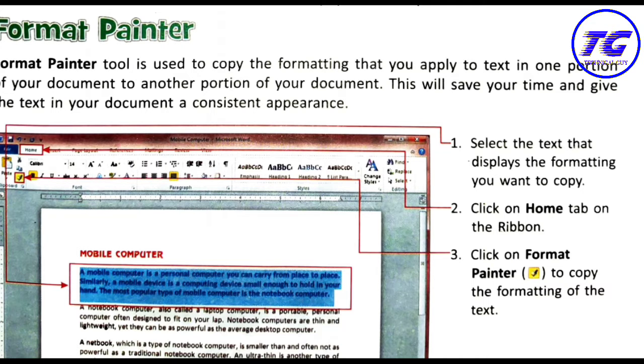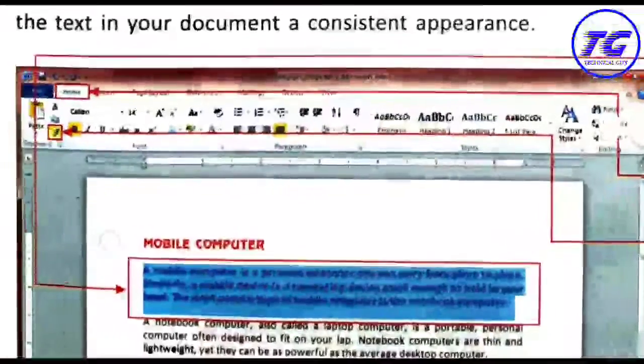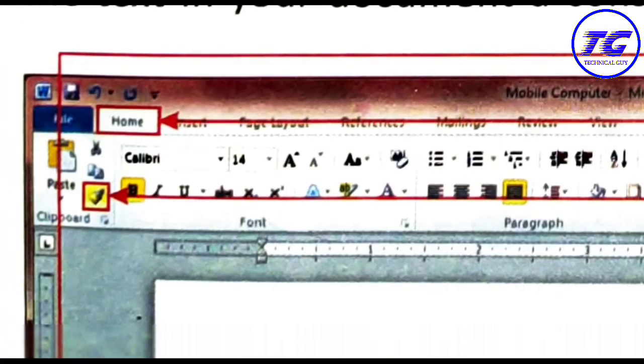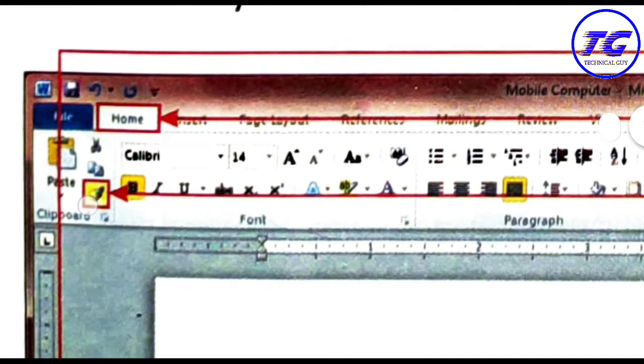For example, in the Home tab you will get the first group, the Clipboard, and this is the button. With the help of this button you can copy the formats from one piece of text and apply the same format over another piece of text.